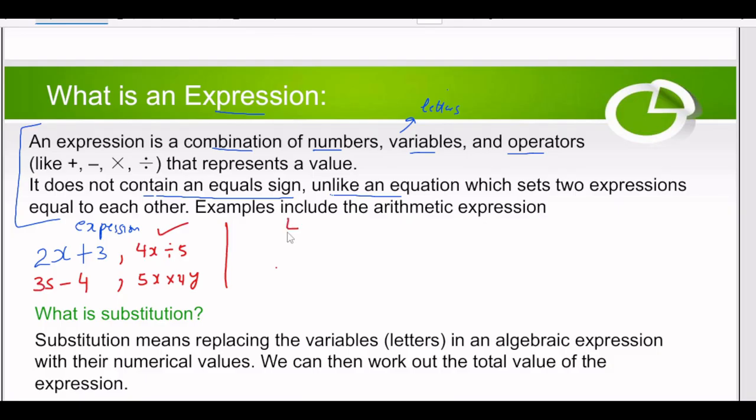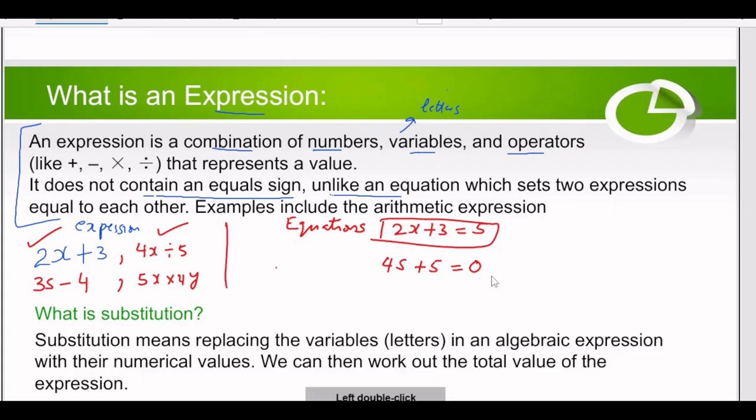Now what is an equation? Though this is not in this chapter, it can still help you understand. If I set these expressions equal to something, like 2x plus 3 equals 5, then this becomes an equation, right? Similarly 4s plus 5 equals something.